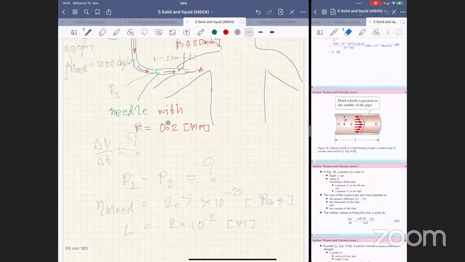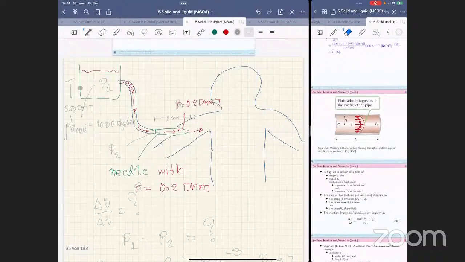What is the pressure difference in this scenario, P1 and P2? Of course, you would know that from the physics you learned a couple of years ago in school. P1 is greater than P2, of course, right? Otherwise, there would be no flow of blood at all.